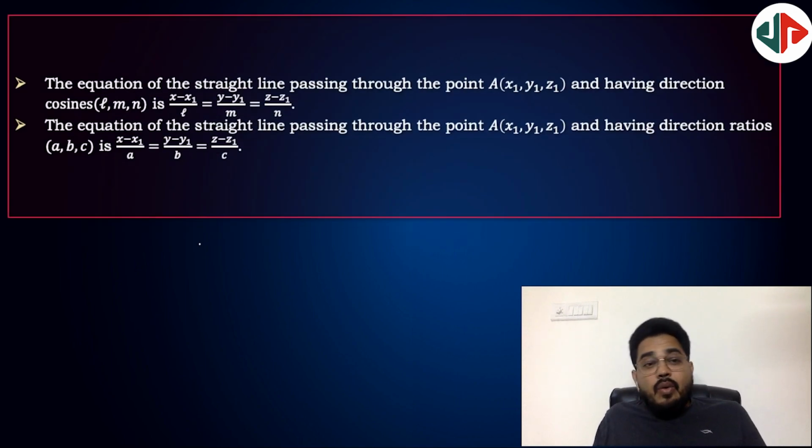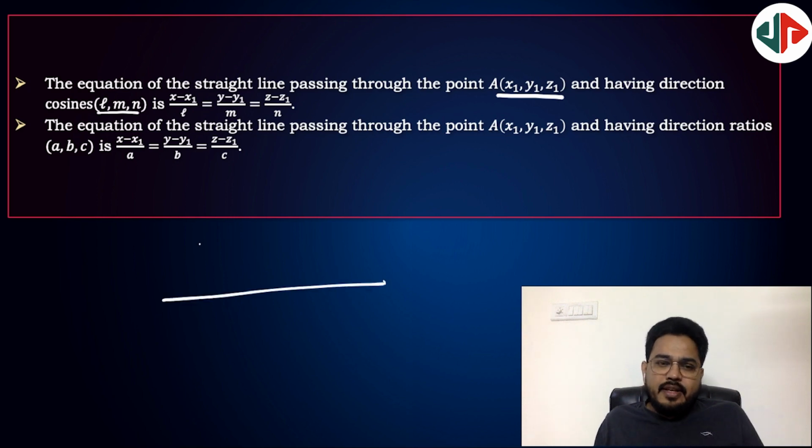Now, what about the line? The equation of the line passing through (x1, y1, z1), having direction cosines l, m, n, is (x - x1)/l = (y - y1)/m = (z - z1)/n.